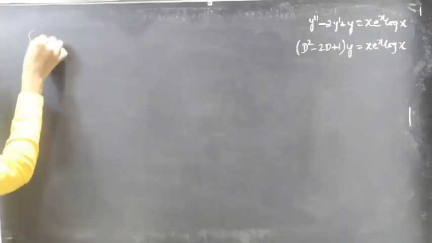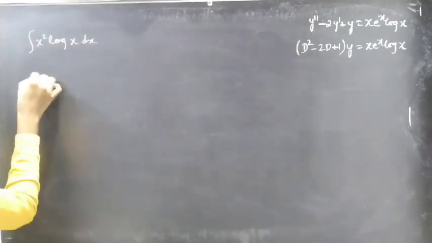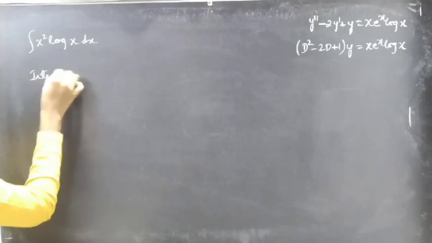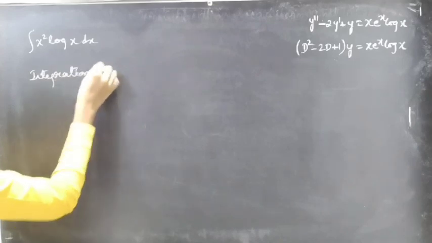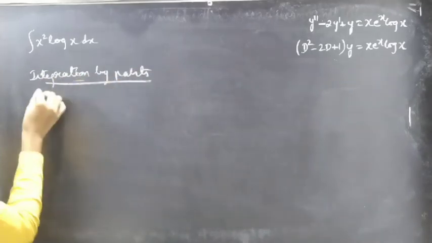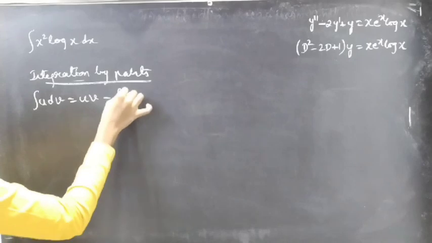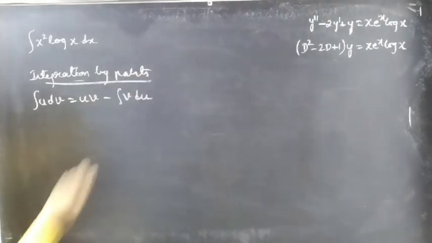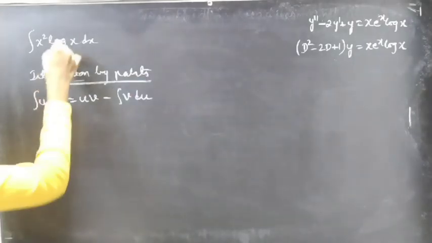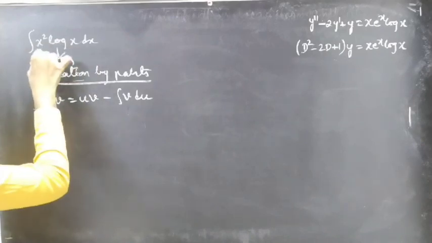Let's now evaluate integral x square log x dx using the integration by parts formula: integral u dv equals uv minus integral v du. Here the integrand is of the form product of logarithmic function and polynomial function.